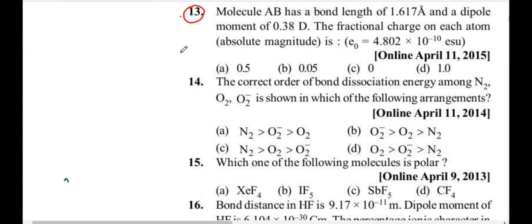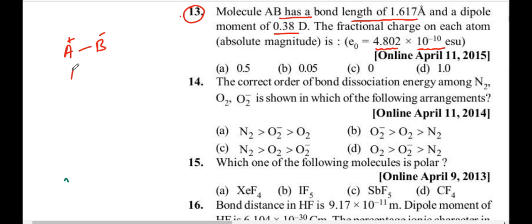Next, question number 13. Molecule AB has a bond length of 1.617 angstrom and a dipole moment mu of 0.38 D. The fractional charge on each atom, the absolute magnitude E naught equals 4.8 into 10 power minus 10 ESU. What is asked here? The fractional charge. See, A and B, one may be plus, one minus.